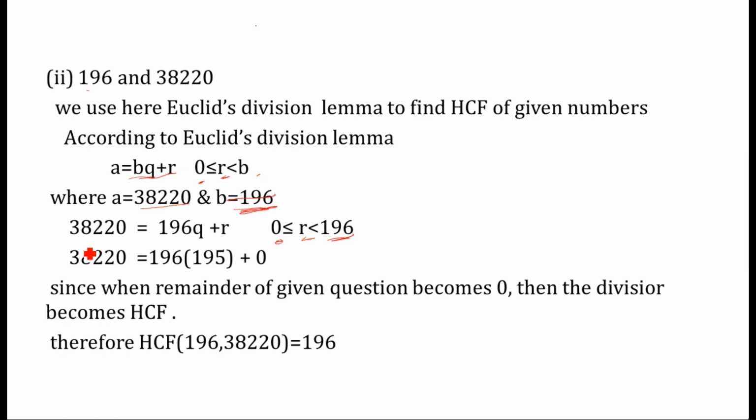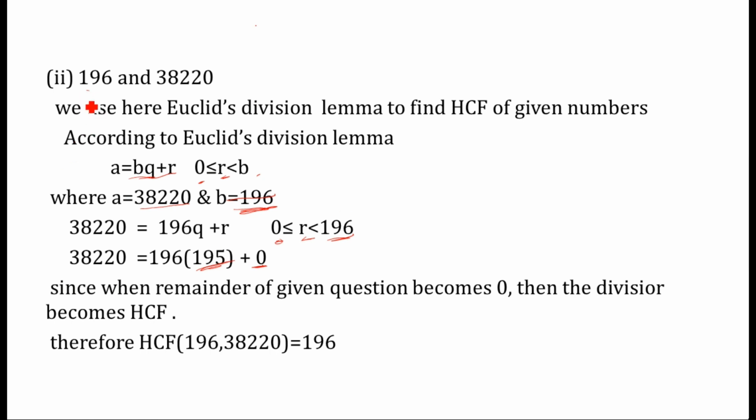On dividing 38,220 by 196, we get quotient 195 and remainder 0. It means 196 multiplied with 195 gives directly 38,220. All these questions we solve in the same pattern. We get the solution in 1 step, 2 steps, 3 steps; how many steps we require, we are not aware of it.